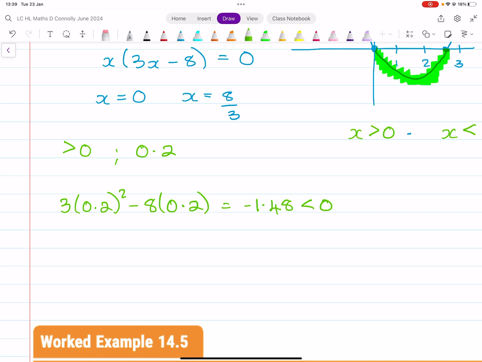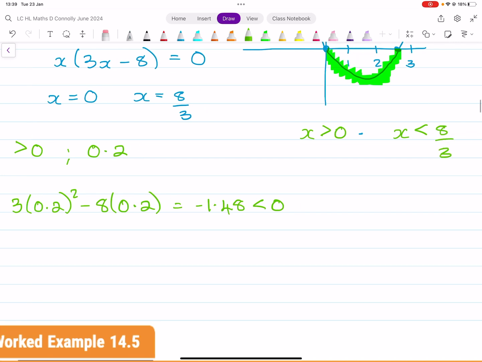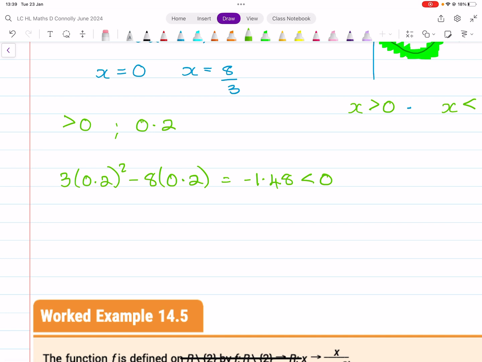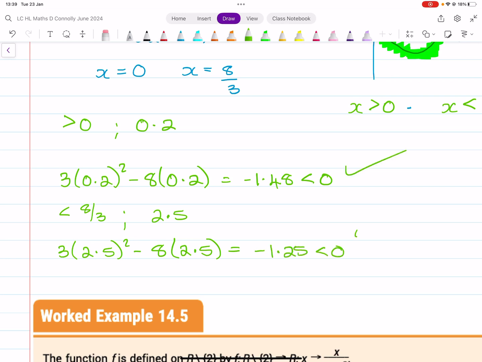And then on the far side, less than 2.6 recurring, less than 8 over 3, 2.5. So 3 times 2.5 squared minus 8 times 2.5 equals minus 1.25, which is less than 0. So it's working.